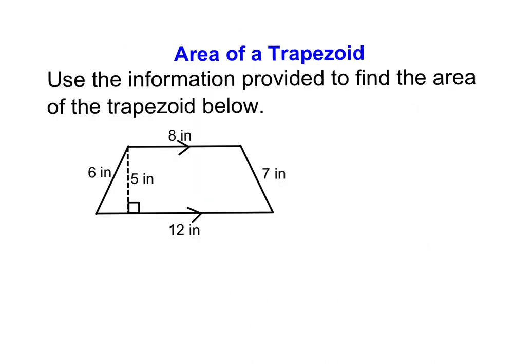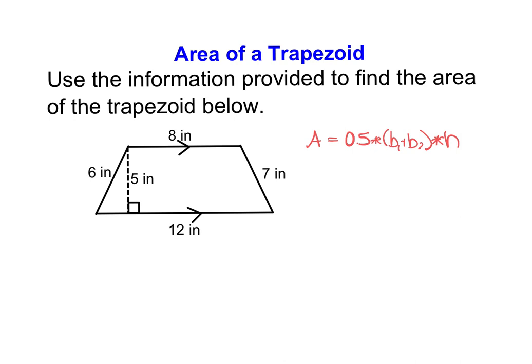So let's dive in and find the area of this trapezoid. I know that area is calculated by taking 0.5 times base 1 plus base 2 in parentheses times the height. Here we're going to find those values in order to calculate our area. The first thing I look for is my height.